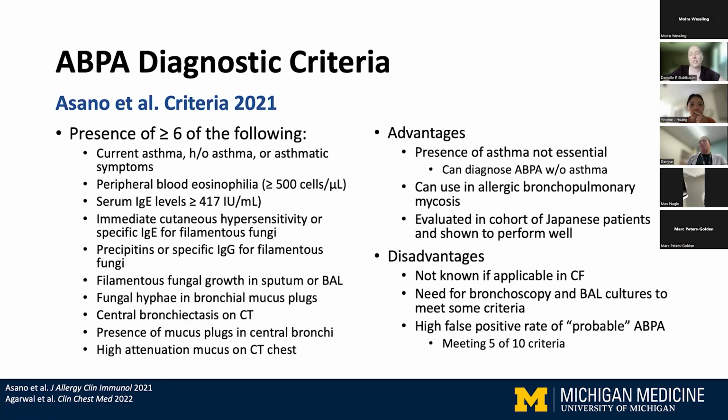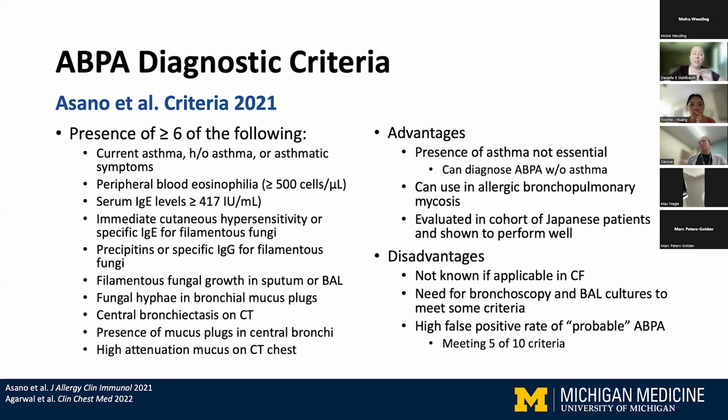Second diagnostic criteria that has come up recently was published by Asano et al. in 2021. Very similar criteria in terms of blood markers, looking at IgE levels, peripheral blood eosinophilia. This one also includes whether or not there's any filamentous fungal growth on sputum or BAL, and looking at high attenuation mucus.